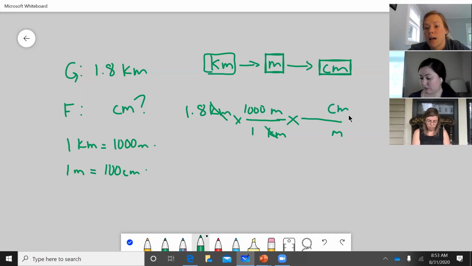I'm going to put centimeters on top. 1 meter is 100 centimeters. What happens to the unit of meters? They end up canceling. So we get a value of 1.81234 centimeters. 180,000 centimeters.